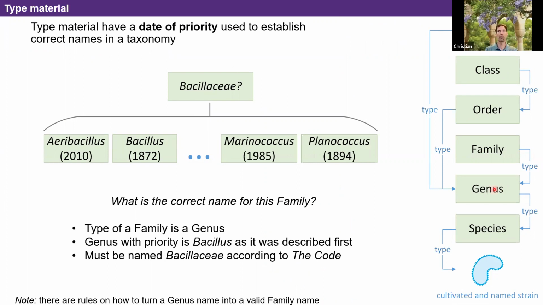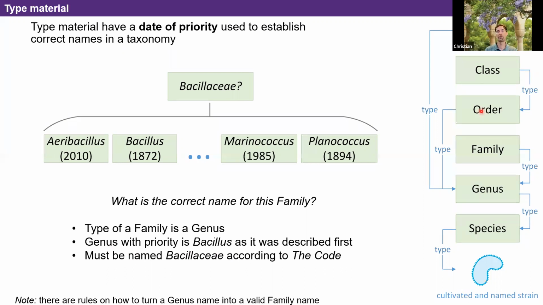Now we have many genera in this family. So what is the type? In this case, it's the date of priority. We really go by the genus that was described first. And in that case, the genus with priority is Bacillus, because it was described first. Therefore, according to the code, Bacillaceae will be the name for the family. We can do the same for the order, obviously.